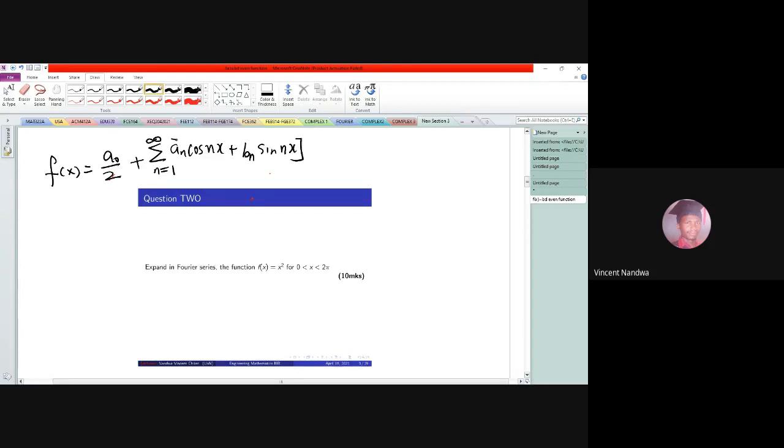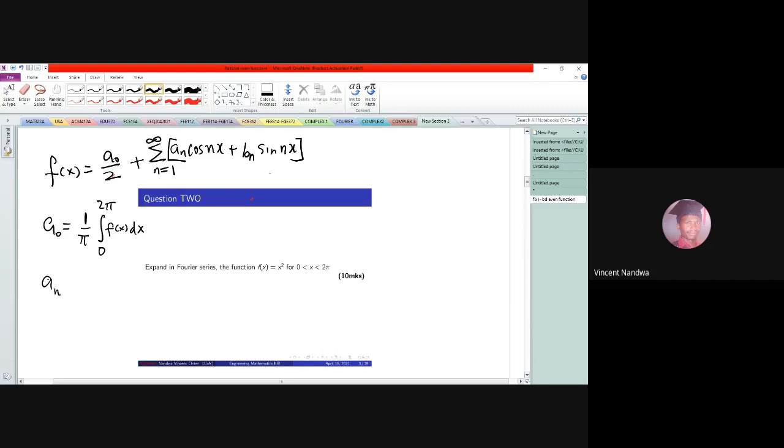So this is the Fourier series formula, where a naught is given by 1 over pi integral from 0 to 2 pi of f of x dx, because this is a function of period 2 pi.